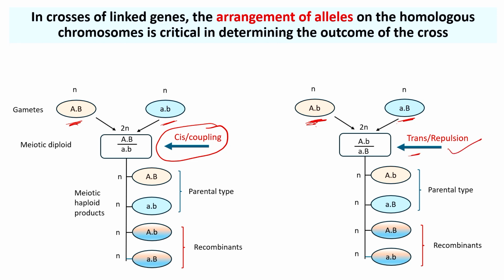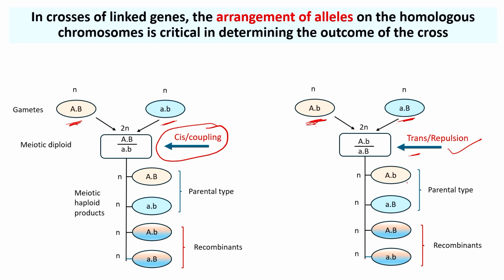So remember, many times this is asked in the context of terms, and sometimes even in solving the question, this understanding is very important in identifying the parental types. So now you see, how does that affect the parental type?